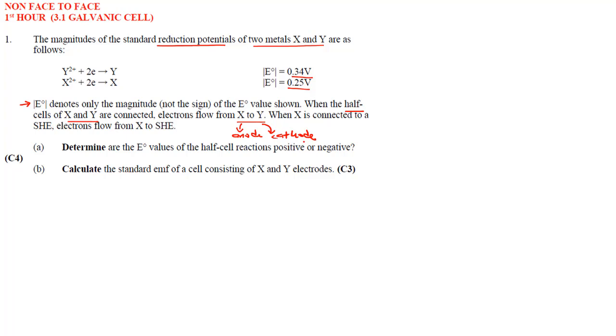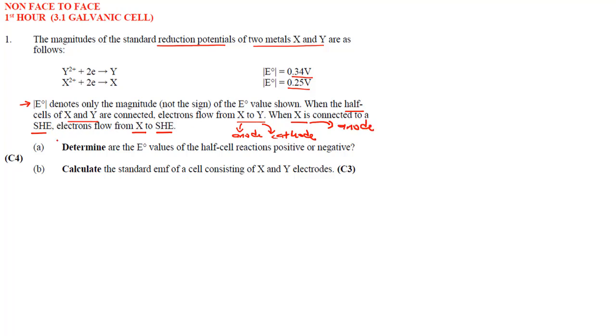Okay, the second thing dia cakap apa? When X is connected to SHE, electron flows from X to SHE. So again, bila kita connect X dengan SHE pula, electron flow daripada X kepada SHE lah.